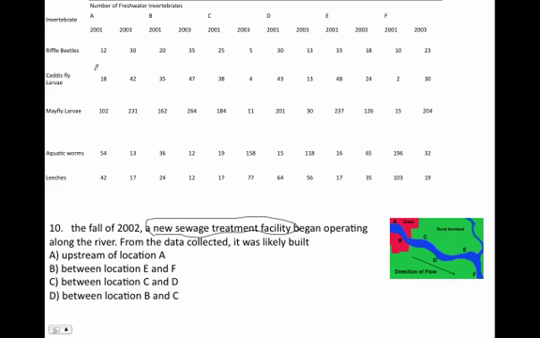Location A? No, location A got worse, so not upstream. Between E and F, here's E. What's E like to F? E and F are pretty good. How about C and D?